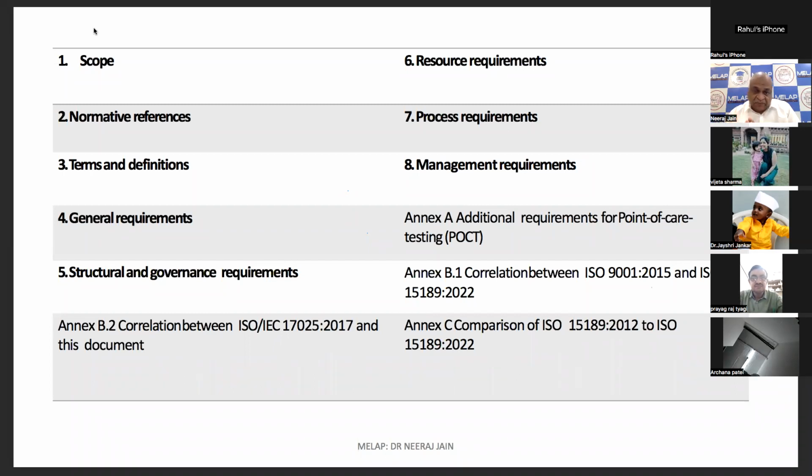You have time. And they will keep on accepting applications as per the old standard till 31st December. So you have time. Develop a good understanding of 15189:2022, and you have ample time. Then start implementing this in your laboratory, whether you are going for accreditation for the first time or you are revising your documentation from the old to this new standard.